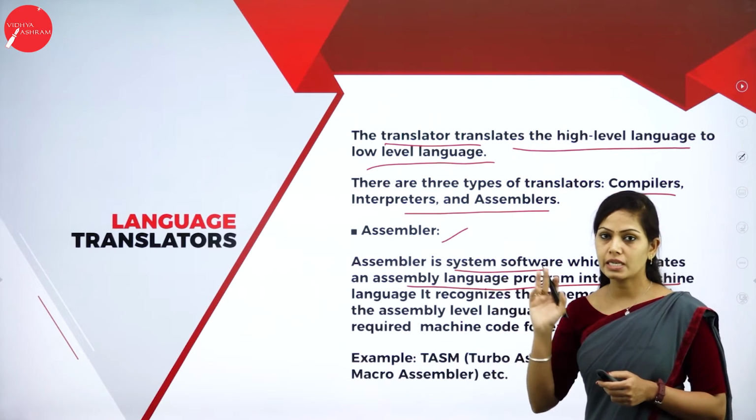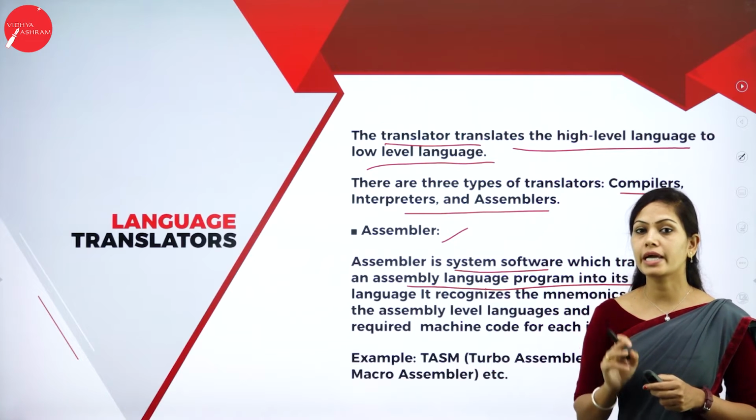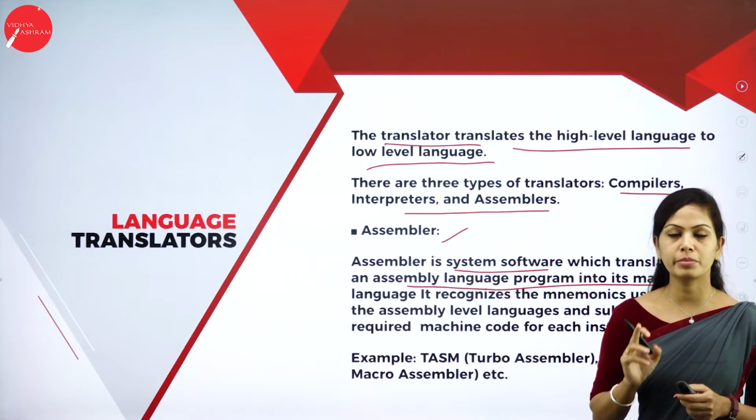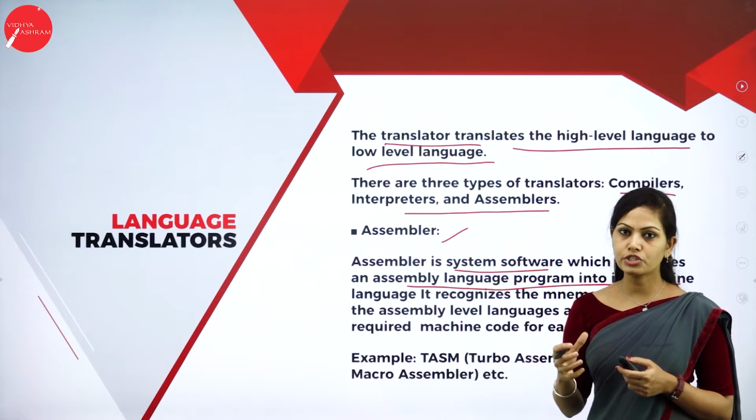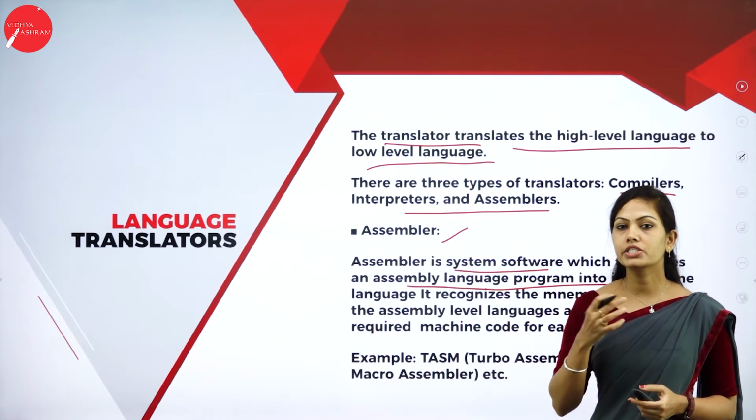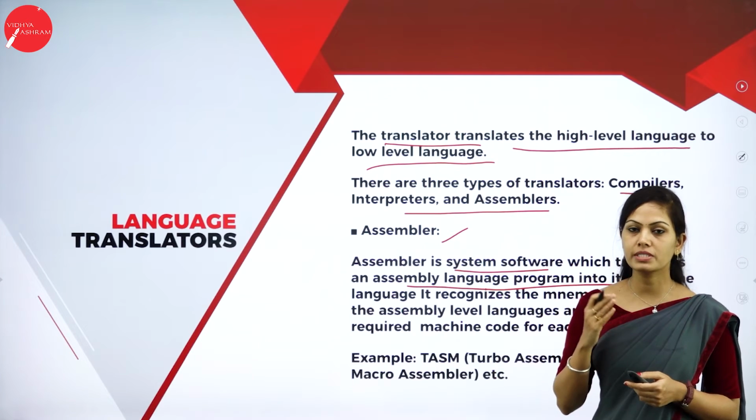What is the role of this language translator? Because a computer can understand only machine readable code, that is zeros and ones. All the assembly level language code has to be converted into machine readable language, binary zeros and ones.